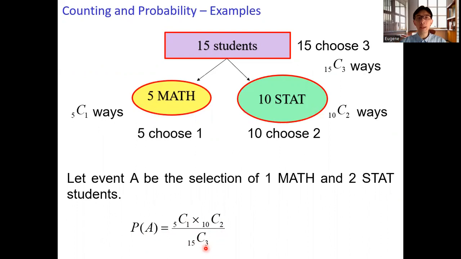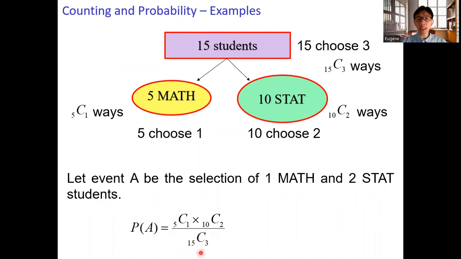The number of ways we can choose exactly 1 math and 2 stat students is 5C1 times 10C2. This is the total number of ways corresponding to event A, the selection of exactly 1 math and 2 stat students.